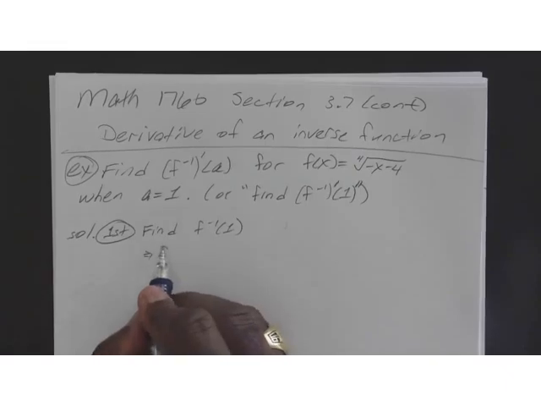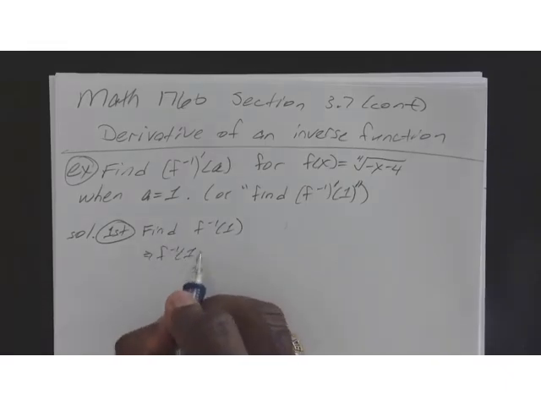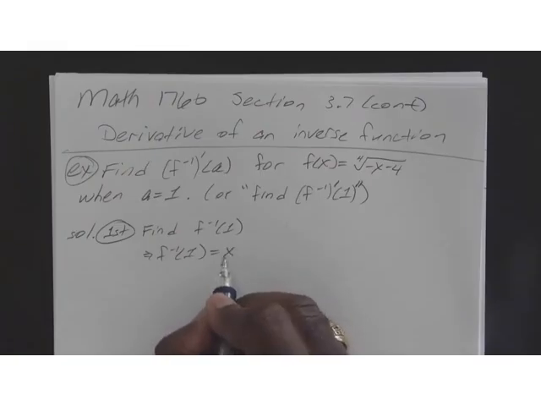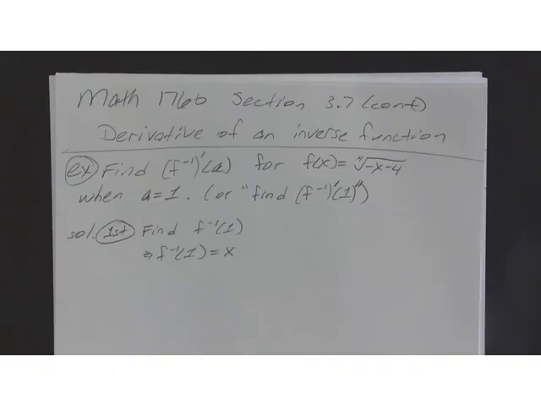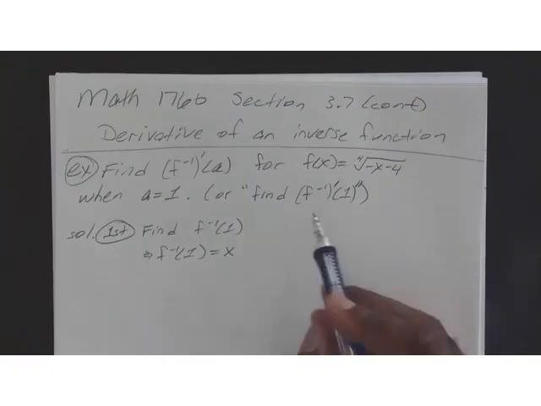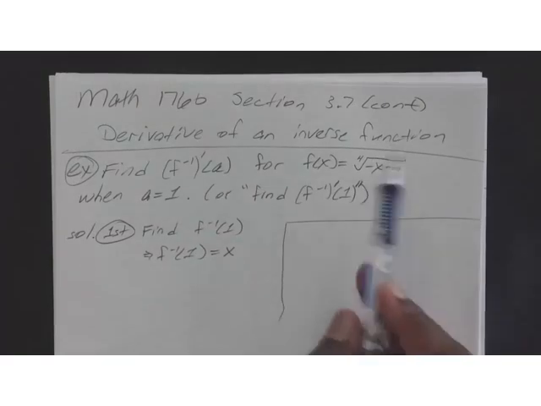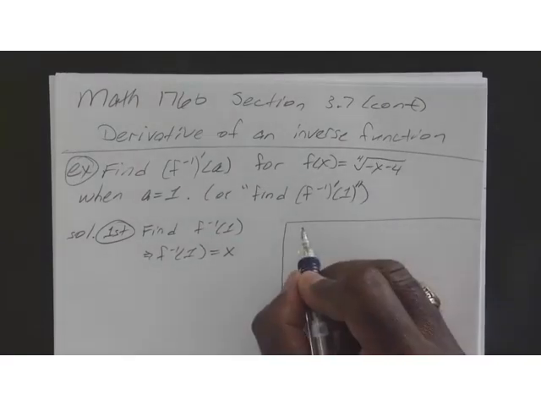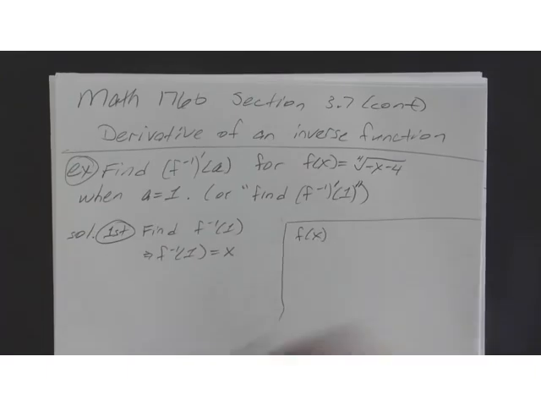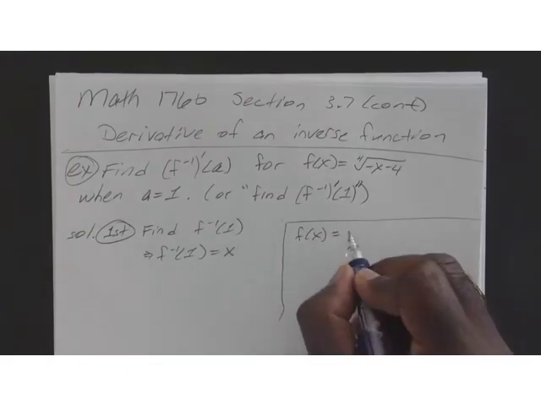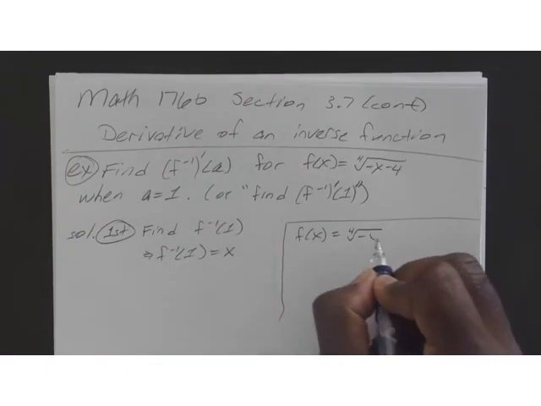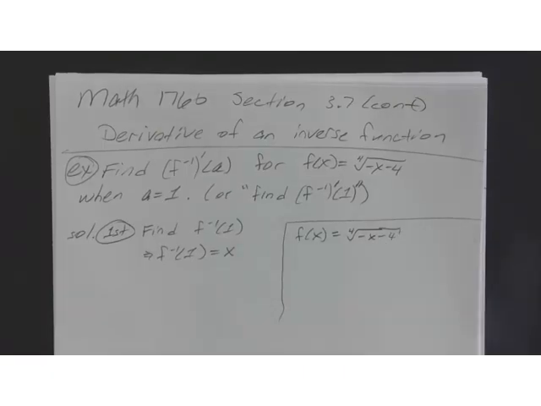And honestly, we can just make f inverse of 1 equal some unknown x. Now we have to solve for x for our function. So f of x is equal to the fourth root of negative x minus 4.